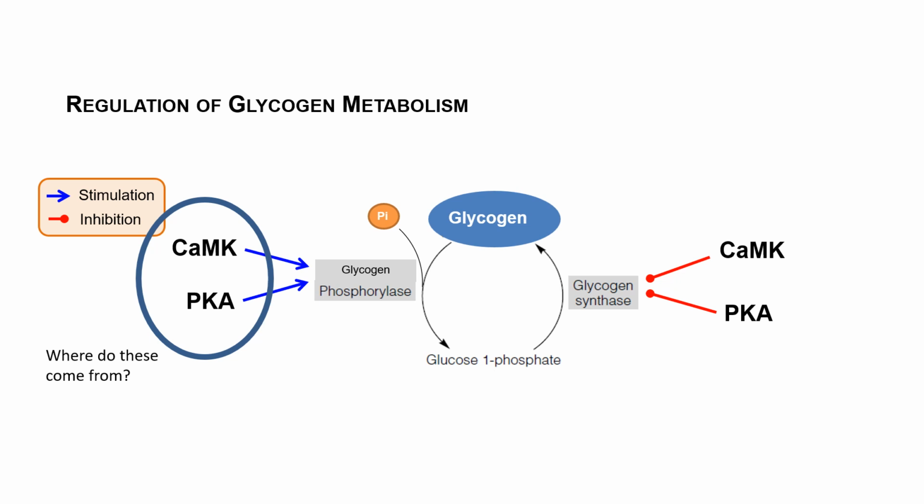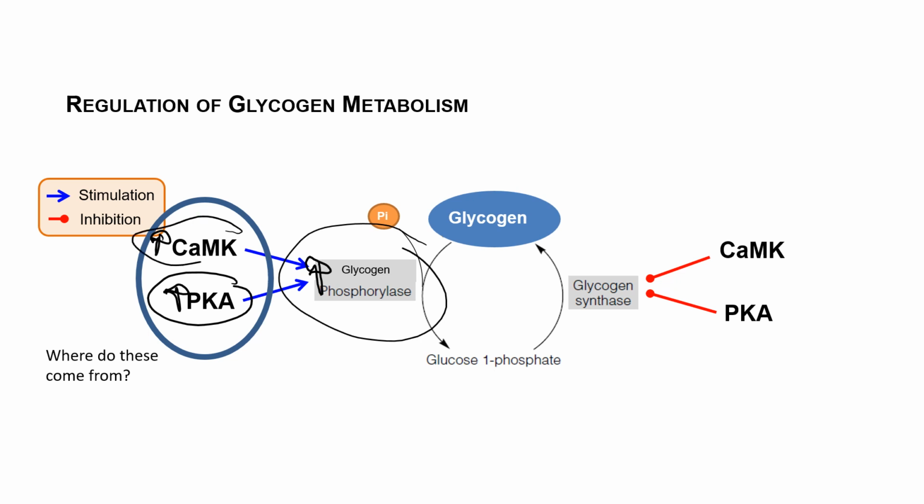So there are two pathways primarily that increase the activity of glycogen phosphorylase, which then allows for more glycogen to be broken down. What those two pathways do is they increase the activity of something called protein kinase A, or PKA, and the activity of what's called calcium calmodulin dependent kinase.